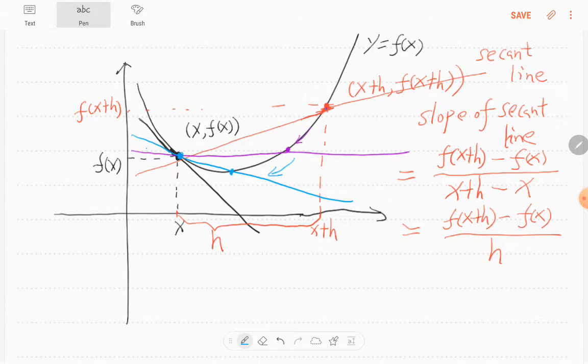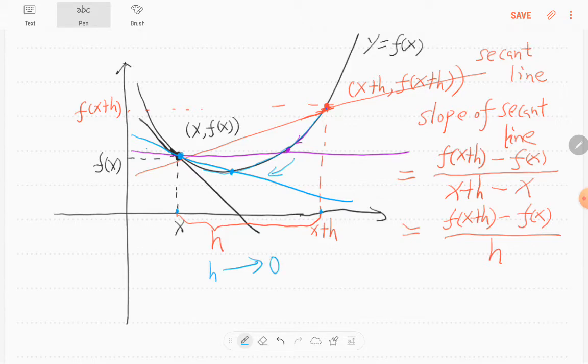So this is a limit process, right? When we move the red point along the curve to the purple, then to the blue, and continue, the distance between these 2 x values, which is h, approaches 0, right?